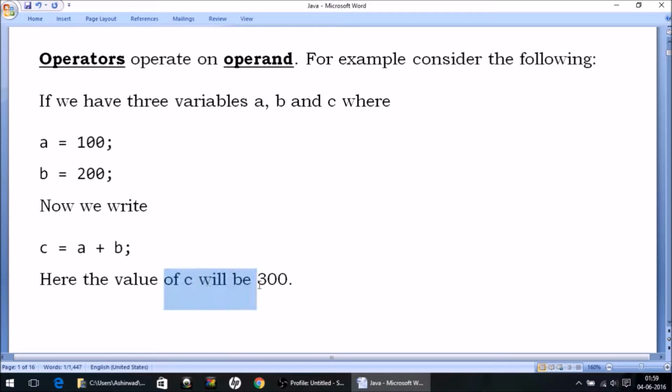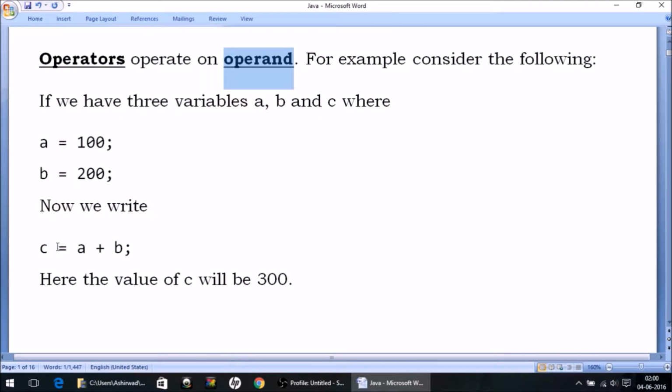And of course the value of c will be 300. So in this particular statement, the plus sign is the operator, and it is operating on a and b. So we can say plus is an operator and a and b are the operands.